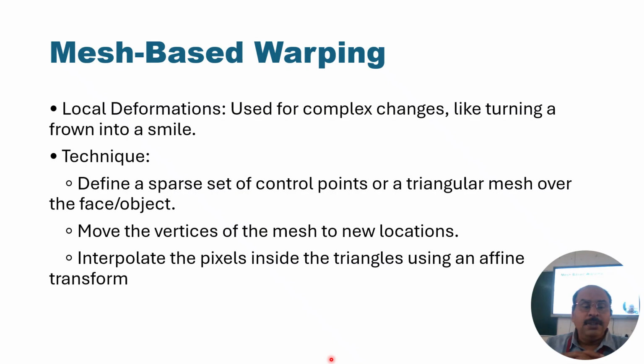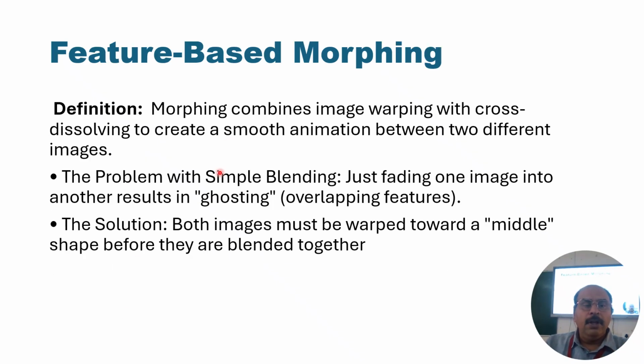What we do is define a sparse set of control points or a triangular mesh over the object. You select certain parts which you need to change. Feature-based morphing.